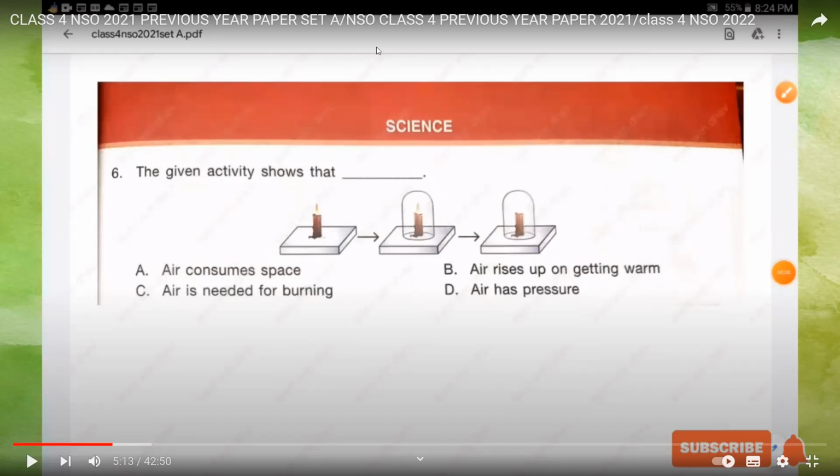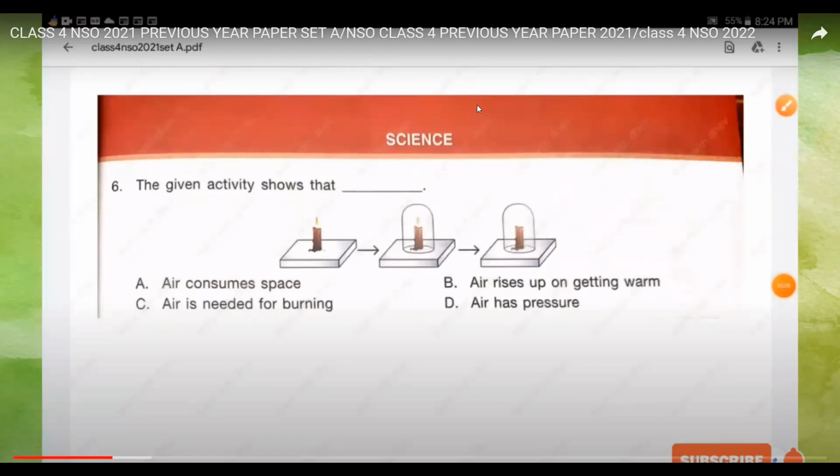Devanshu, are you there? Unmute yourself and tell me number 6, beta. Ma'am, option B. Air rises up on getting warm. This one. Yes, ma'am.